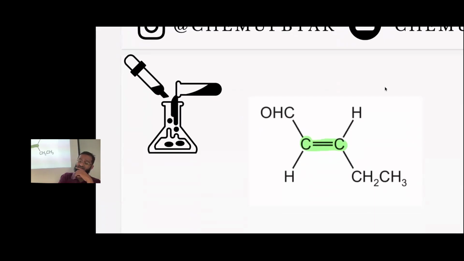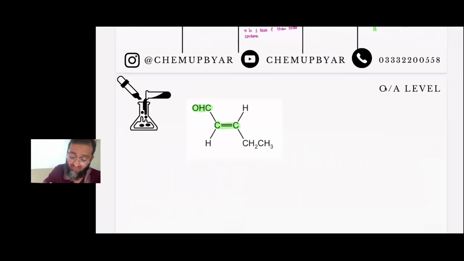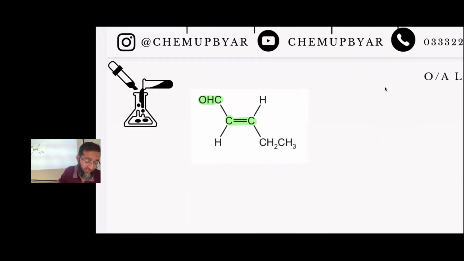So over here, this is aldehyde. Is this understandable? Yes, Ridwan. Yes, sir. Yes, Laiba, and yes, Kirsha, is this clear? Yes, sir. So it's aldehyde, and this one is alkene.